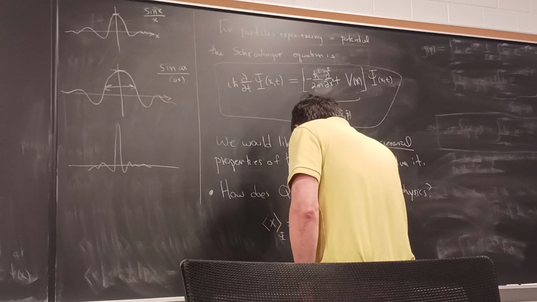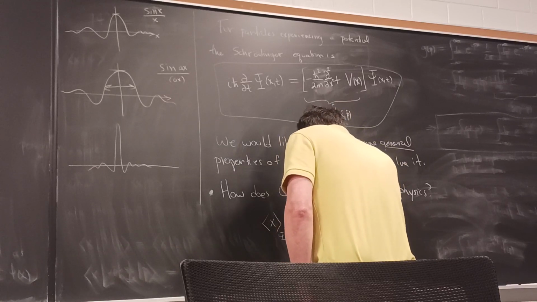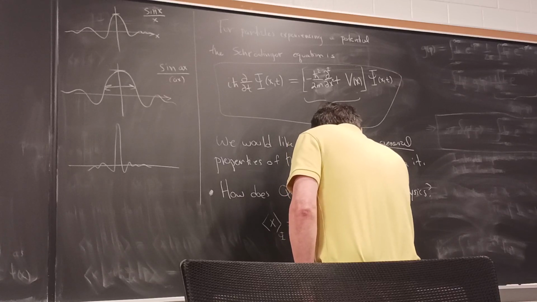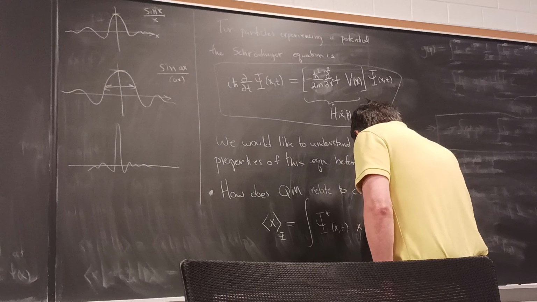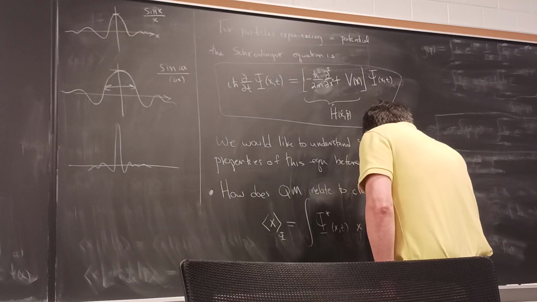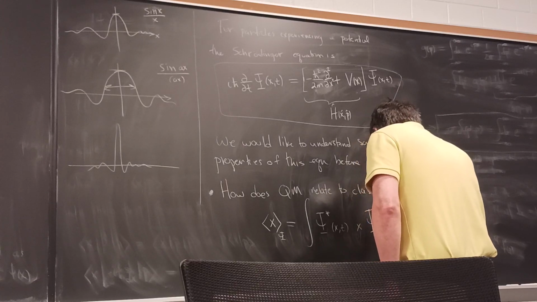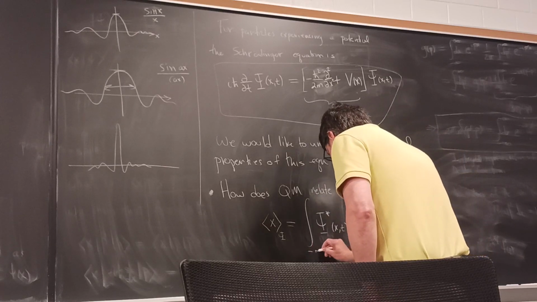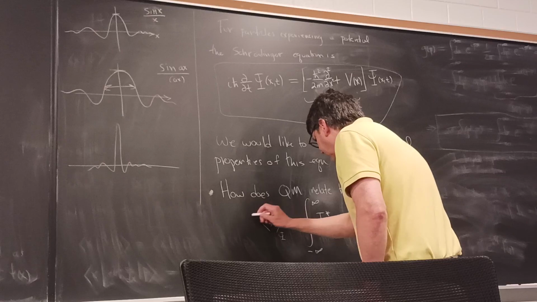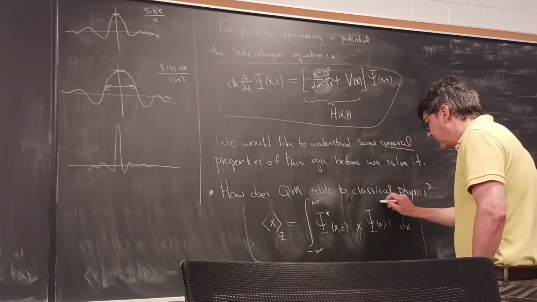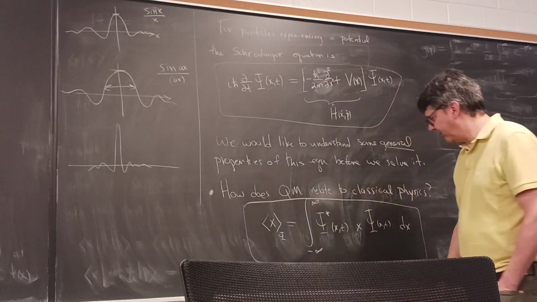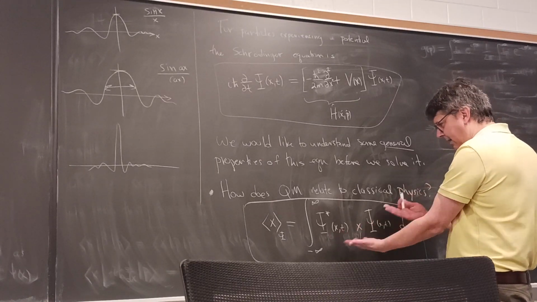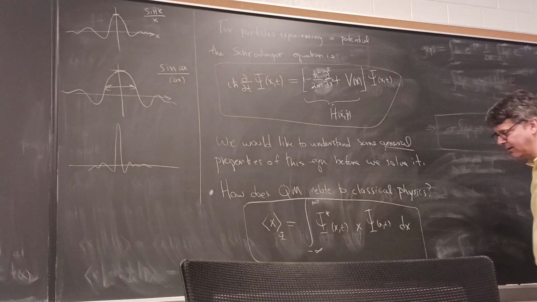This is the first moment: psi star x psi of x and t, integrated over dx. If psi star psi is the probability distribution, then what we're calculating here is just the moment x in that distribution.